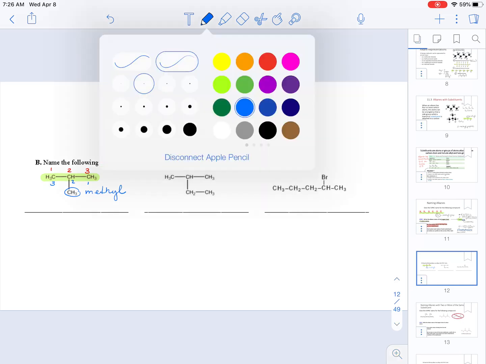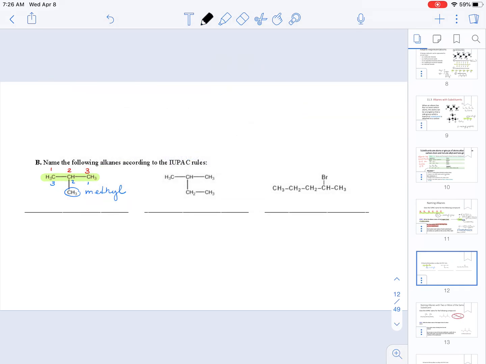So the name of this compound is going to be position 2, dash, because then I'm going to write a word: methyl group. Because my longest carbon chain is 3 carbons, the prefix is prop, and because I have an alkane, it ends in ane. So this is 2-methylpropane. Let's move on to the next compound.